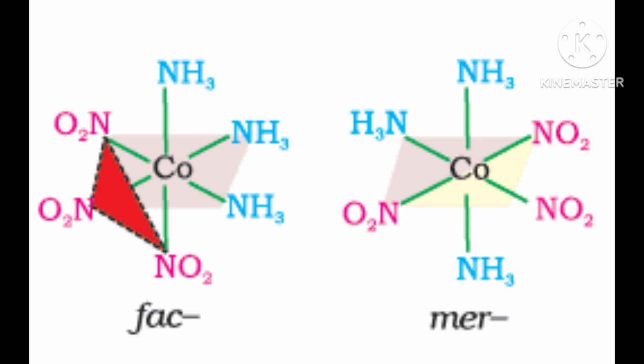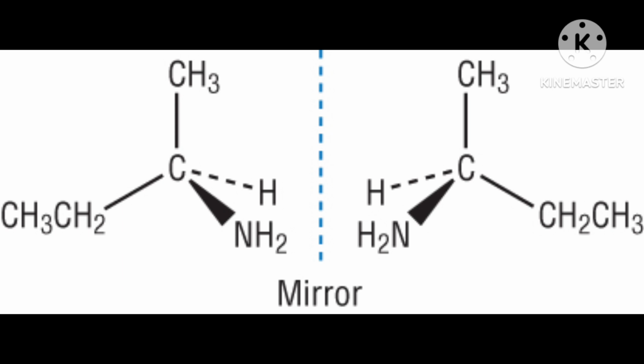The two forms are called dextro, small d, and laevo, small l, depending upon the direction in which they rotate the plane of polarized light in a polarimeter.